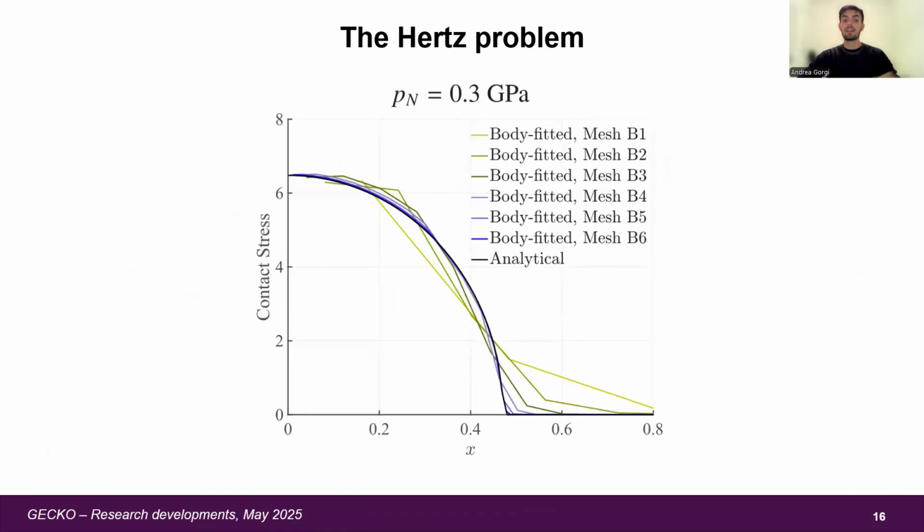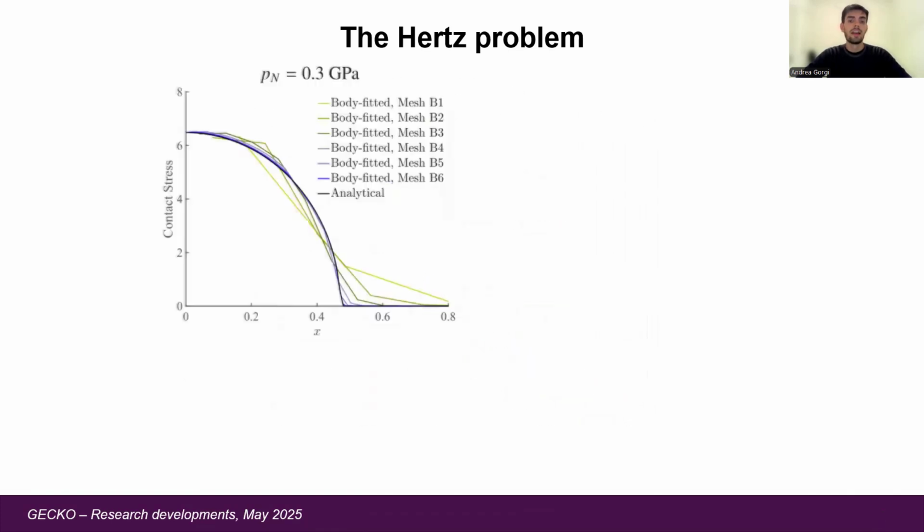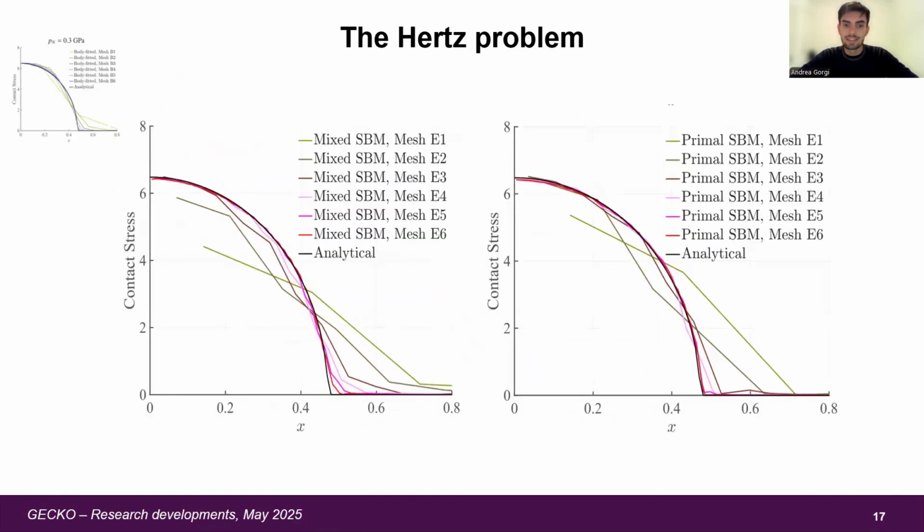So this is the convergence path of the standard body-fitted FEM approach. The black line is the analytical solution. And these are the results obtained with the mixed and primal formulation for the shifted boundary method.